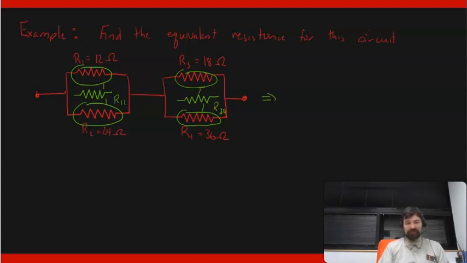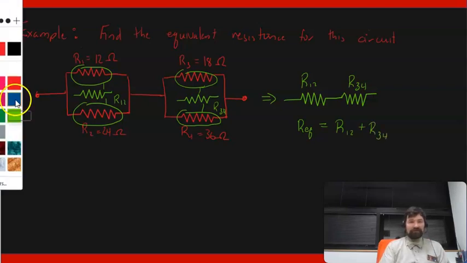And then this entire combination is just now a simple pair in series, one of them being R12 and the other one being R34. And so we expect the total combination's equivalent resistance to be the combination R12 plus R34.